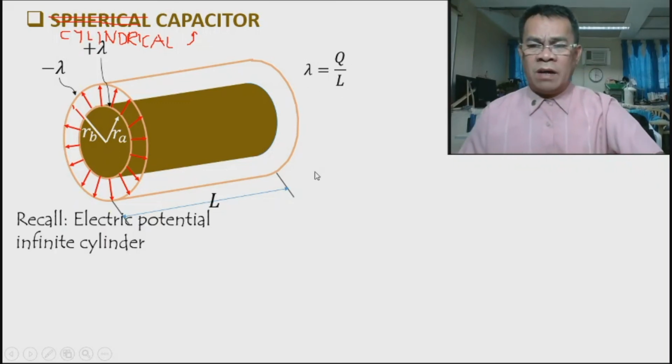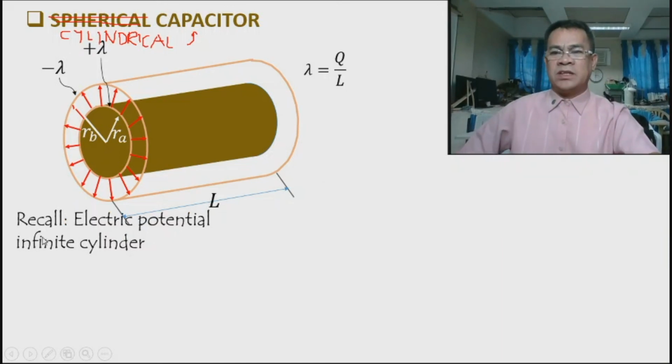Now we have to recall again the electric potential for an infinite cylinder. If you have not watched the video on the previous electric potential, you are encouraged to watch that video first before studying this video, because we need to recall the electric potential for an infinite cylinder.